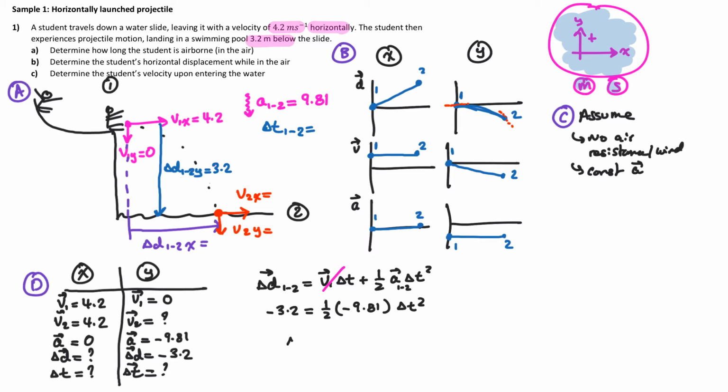And I'm going to rearrange this, and I will get delta t is equal to the square root of 2 times 3.2 over 9.81.